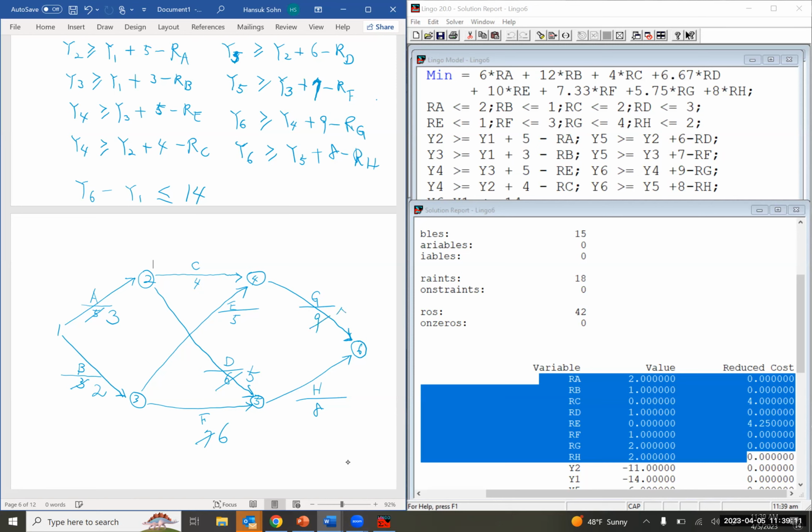So it's going to be 7. And H will be reduced by 2. So it's going to be 6, right? Okay. So after reducing the durations of activities A through H by this given amount, we obtain the new network pictured like this, okay?